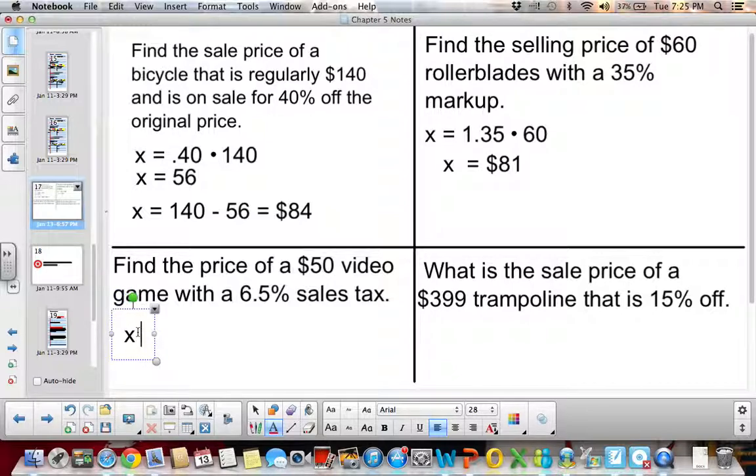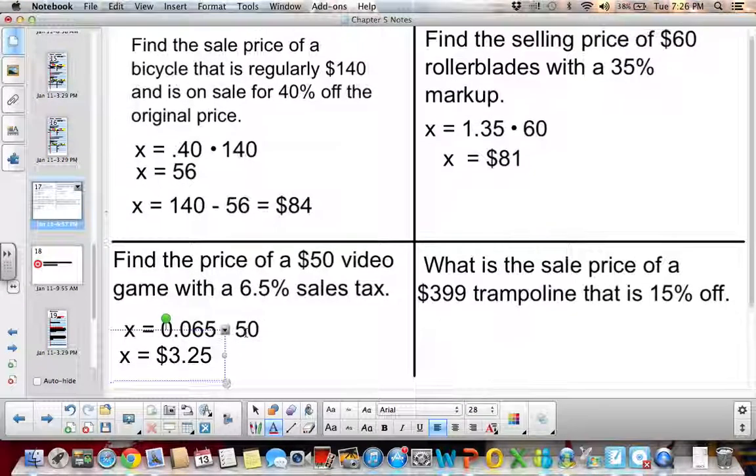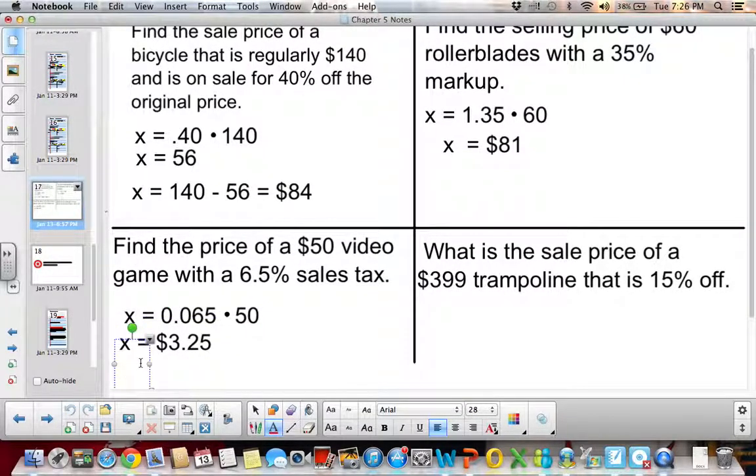So x equals 0.065, because 6.5% changed to a decimal is 0.065, multiplied by 50, which is $3.25. Then our next step is x equals 50 plus 3.25, so we get $53.25.